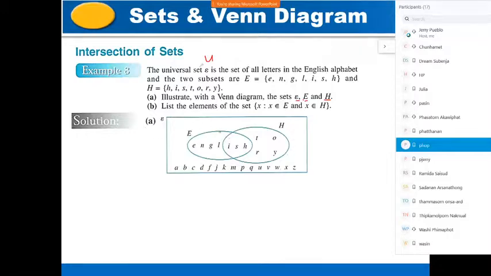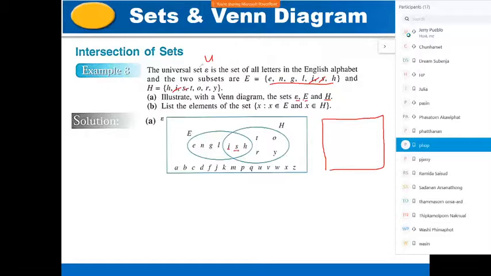What you will do for the Venn diagram, you draw a rectangle here, and then you make a set E here as E N G L I, put inside all the elements here, and then look first for which are common. What are the common? I, right? This is I. You put it in the middle between them, and then S is common here.